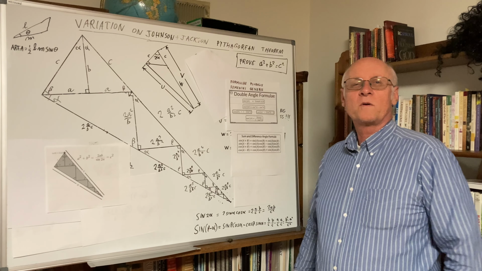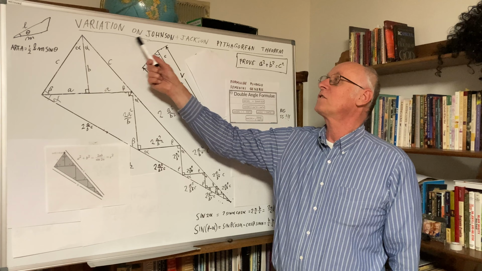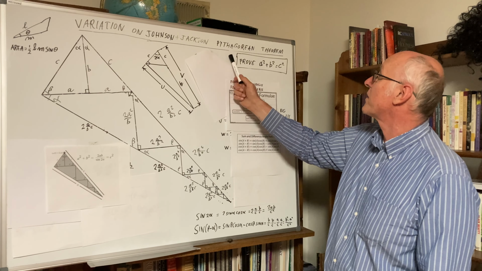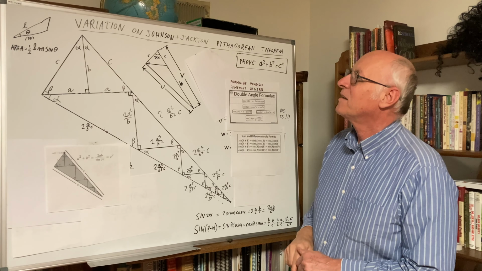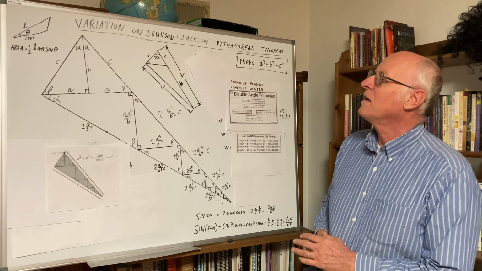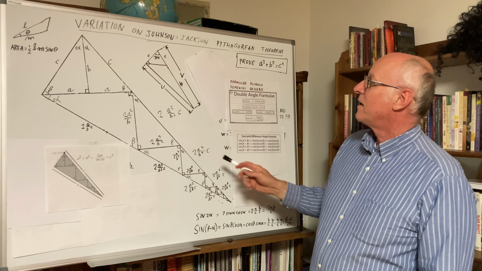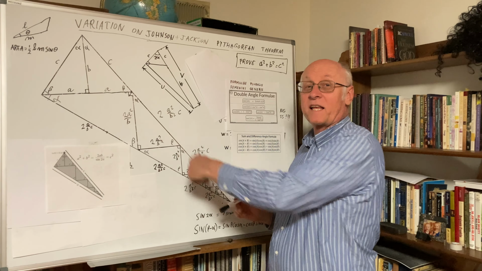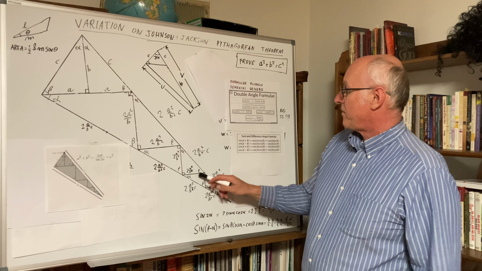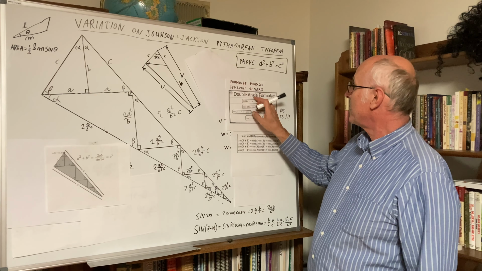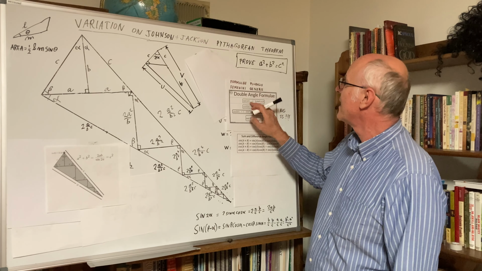Alright, welcome Quadrature fans, and today we will do a continuation of the variation on the Johnson Jackson Pythagorean Theorem. We'll be using, obviously, trigonometry, this staircase ladder network, waffle cone, and these sum and difference angle formulas.